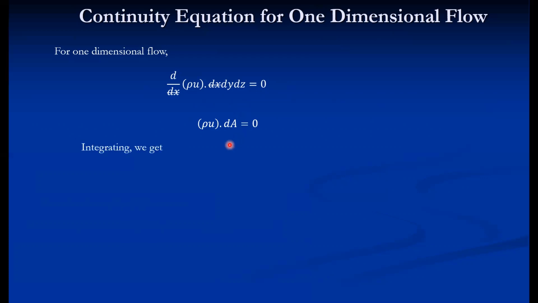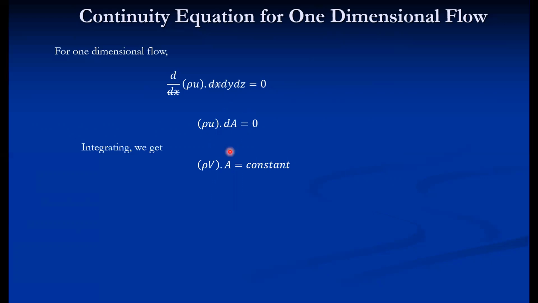If we integrate this term, then for the entire flow, the integration along the x direction gives the average velocity v, and the integration of dA is A, which is equal to a constant.